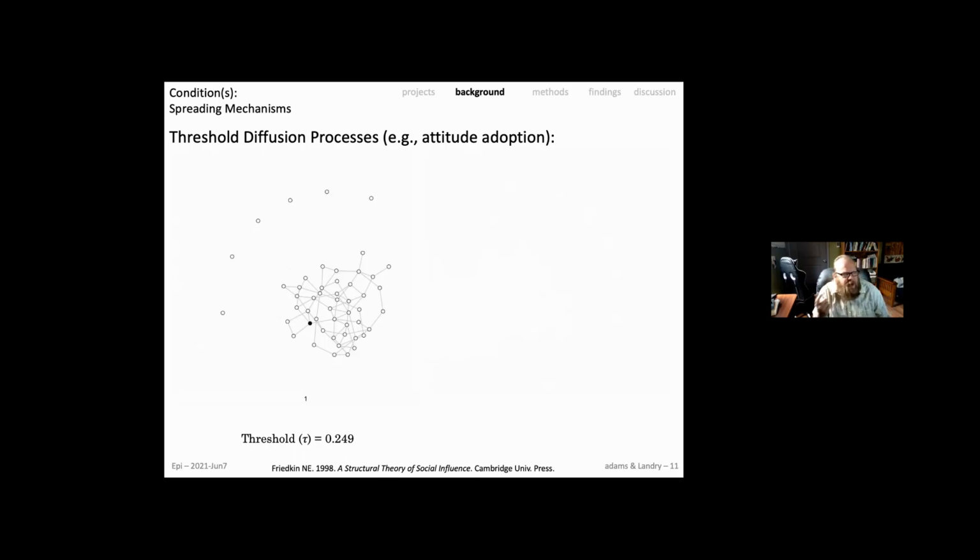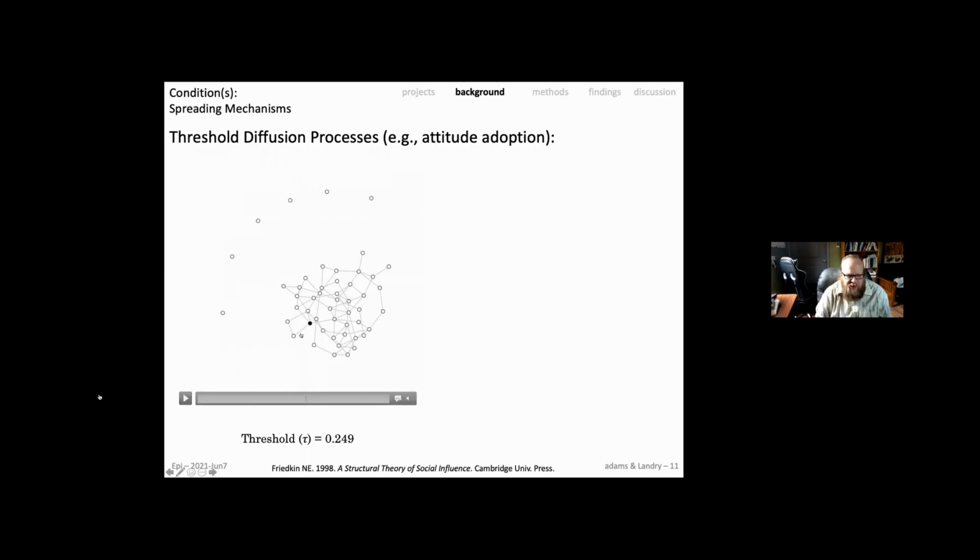going to look around and ask, for the people they're connected to, how many of them have already adopted a behavior. And we're going to say that if the number who have already adopted that behavior is above some threshold, then that person is going to adopt. If the number of their partners who have already adopted is below that threshold, then they will not, right? So what's going to happen is this, we're going to start with a threshold of 0.25.